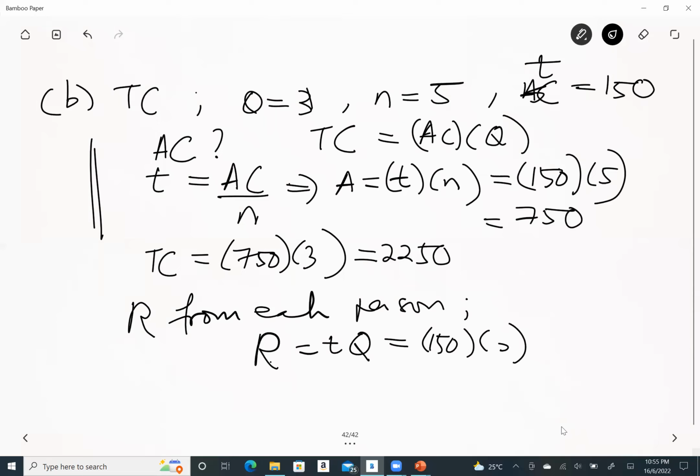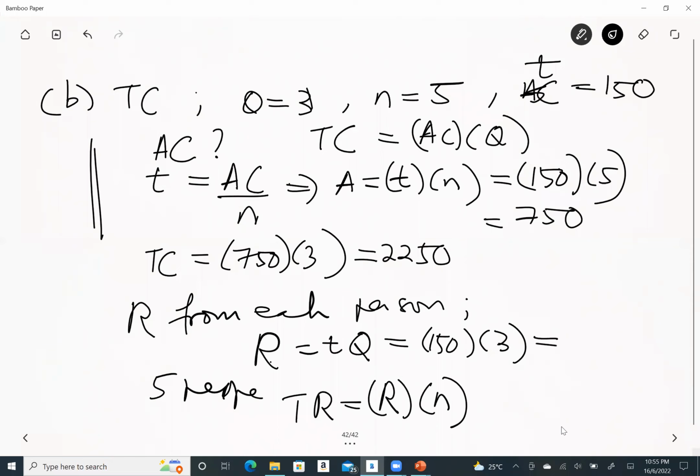That is each person. And in total, there are 5 people. So total revenue will be equal to revenue per person multiplied by N, which is 5.